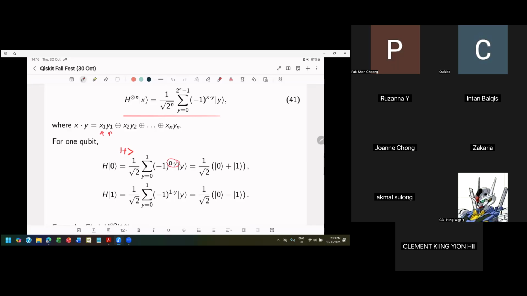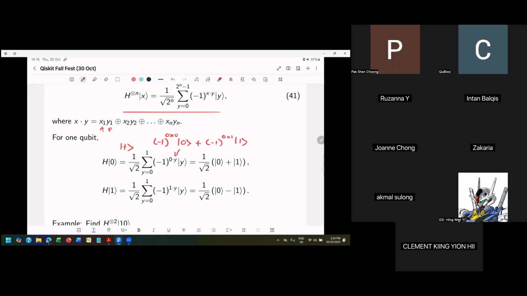So when your y is 0, this is the first one. And then you have the second one. So this is what happens when you expand the summation.